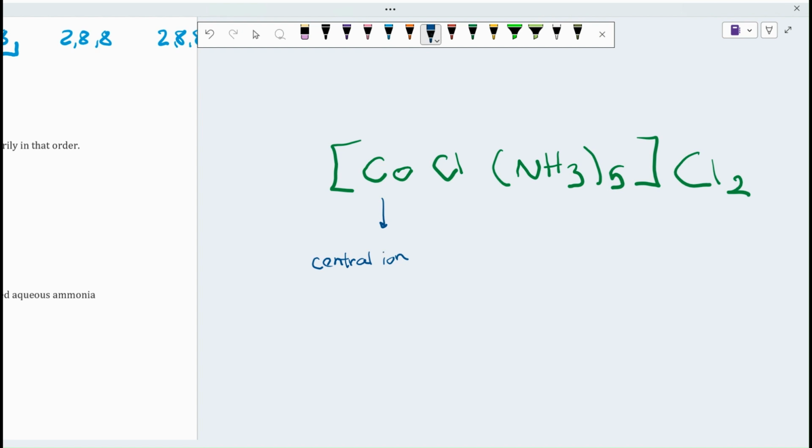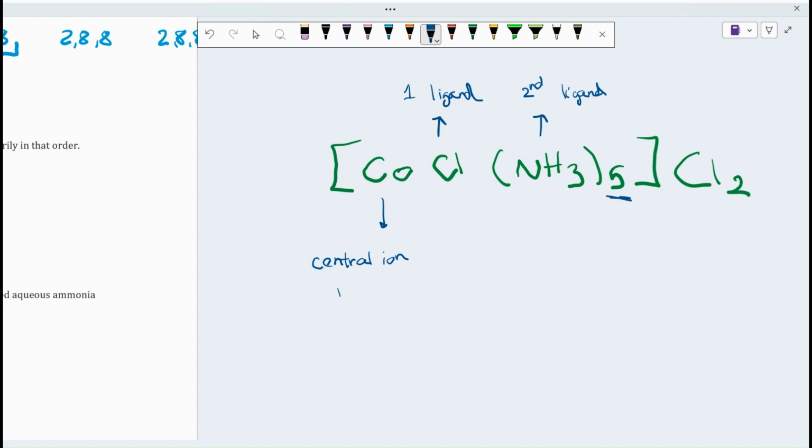What about this chlorine? That's our first ligand. And we have one chlorine. What about this ammonia? That's our second ligand, and we have 5 of them. Okay.